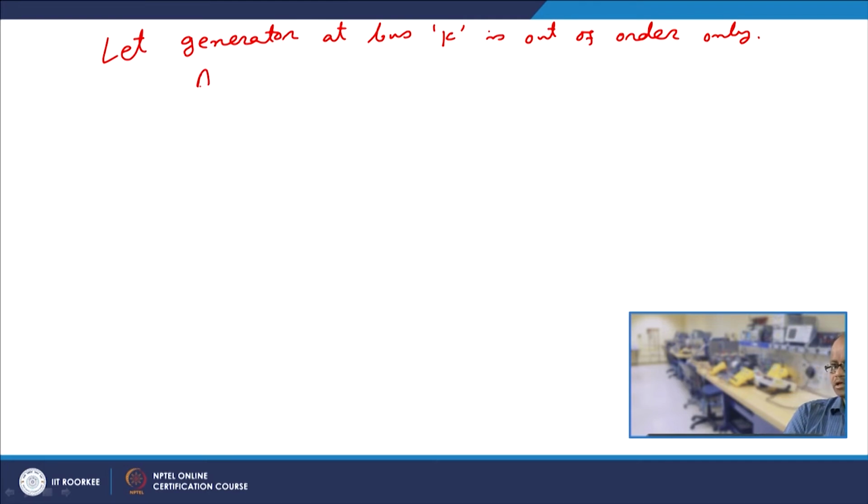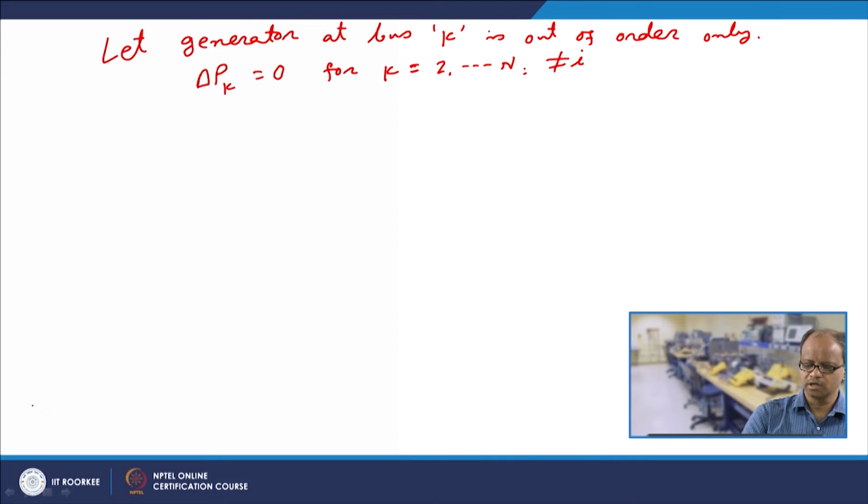At all the other buses delta P k is 0 for k equal to 2 to n, but not equal to I. So, at all the other buses it is 0; again, I should use L, delta P L is equal to 0 for all L equal to 2 to n not equal to I, and delta P k is equal to minus P k, that we know.